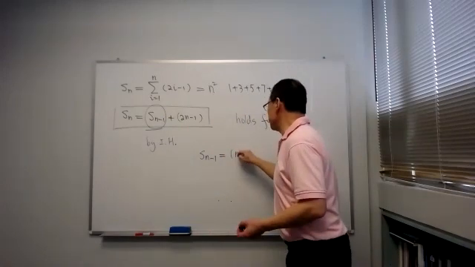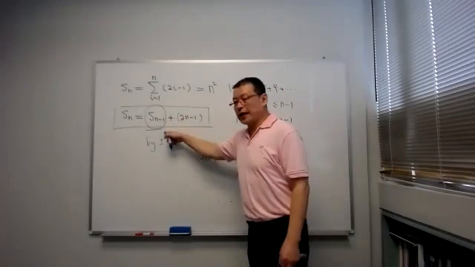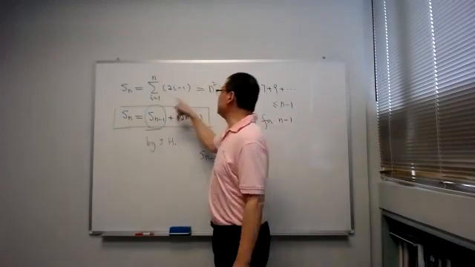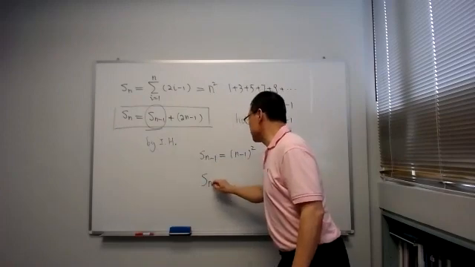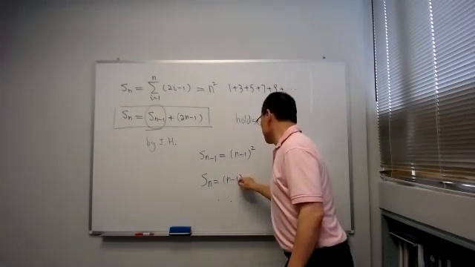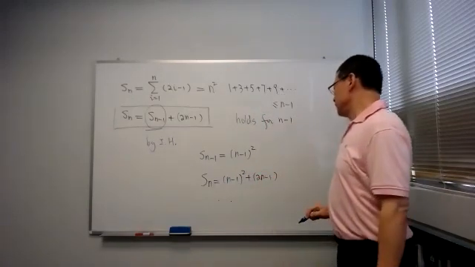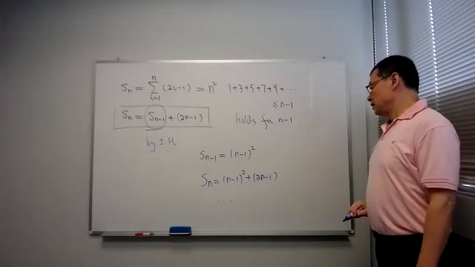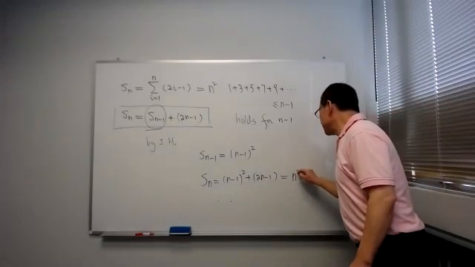So this one is n minus 1 squared. All right. Now we use this recurrence relation actually to prove Sn equal n squared. So we use this recurrence relation. Okay, so this one will give us n squared.